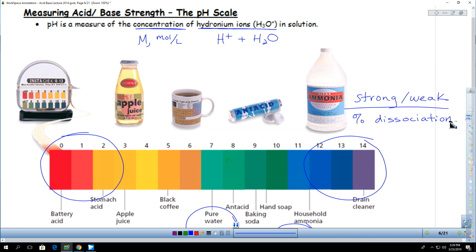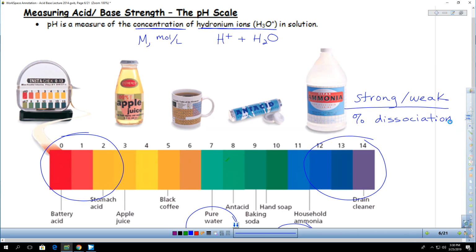Maybe it's a weak base, meaning that it doesn't dissociate fully, but it's really concentrated, maybe like 15, 16, 18 molar. Even though it's weak, I might still have a lot of hydroxide in the solution just because the concentration is so high.